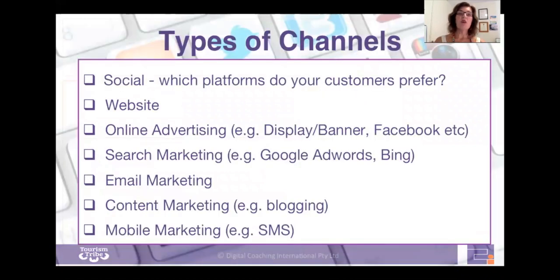Okay, so types of channels, and this is particularly thinking now if you put your head into how you can get more direct business. You've got social media. Obviously, we want to be concerned about the social media platforms that our customers prefer and mostly use, because we can't be on every single one of them, not likely, unless you've got umpteen dollars in your budget.